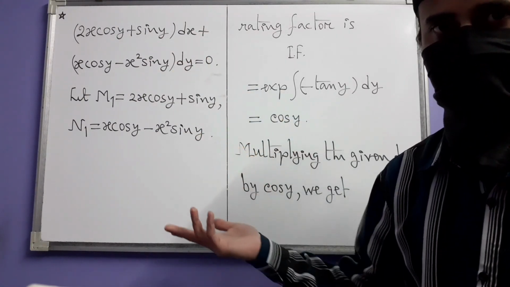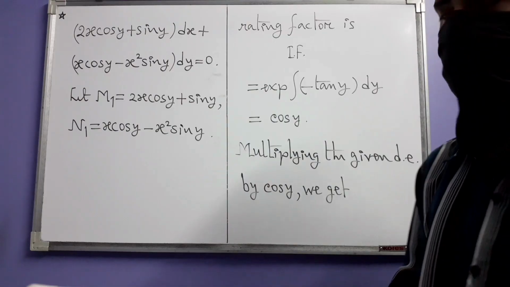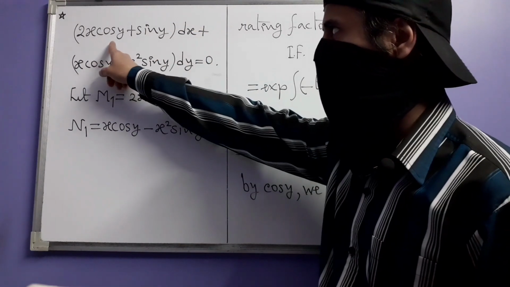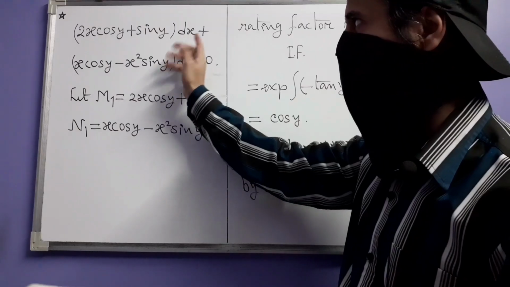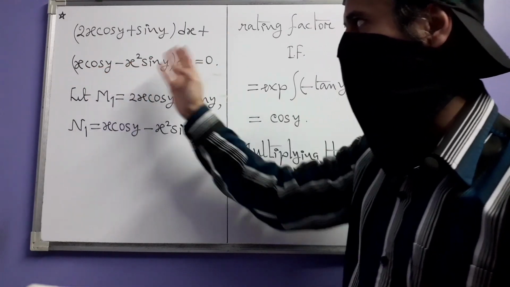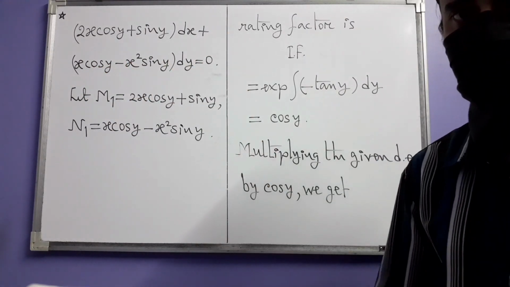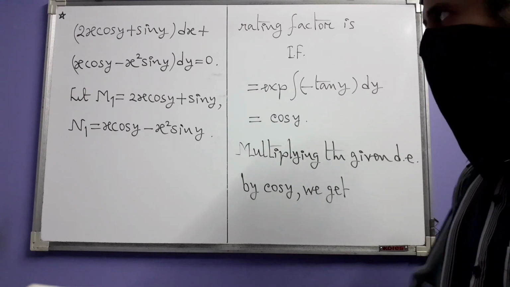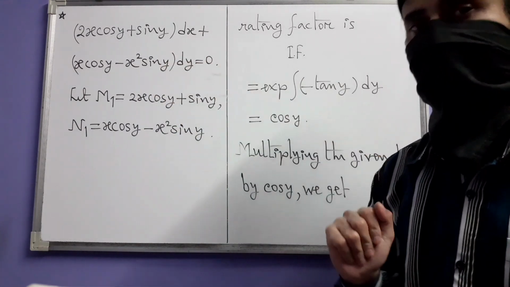You go back to the original equation, do the multiplication yourself, and you see that this is what you get: (2x cos y + sin y) dx + (x cos y - x² sin y) dy = 0.